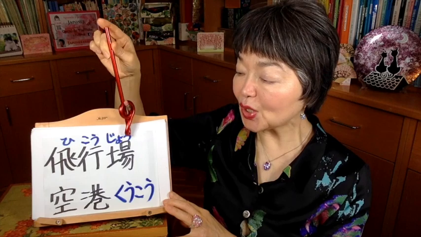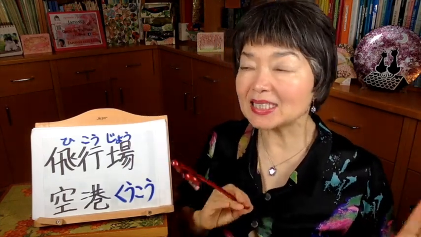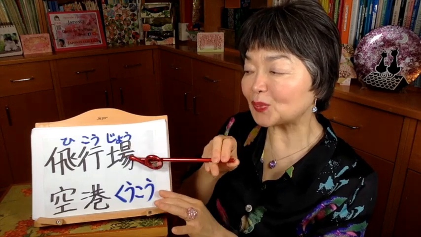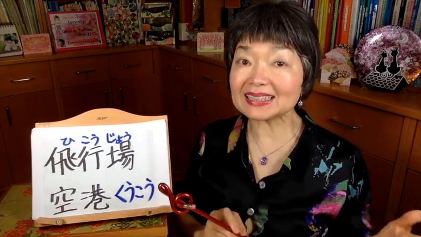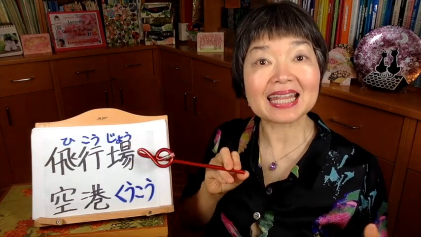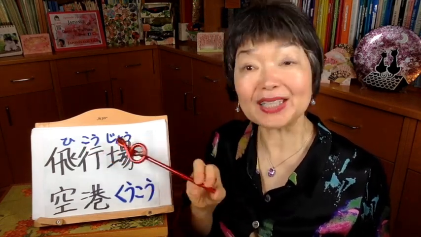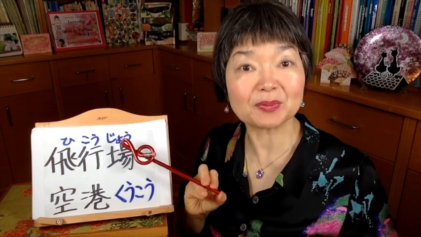So 空港, airport. 飛行場 and 空港 have the same meaning. If you see some kanji with 場, it means some place. So in 飛行場, the place where there are lots of planes.